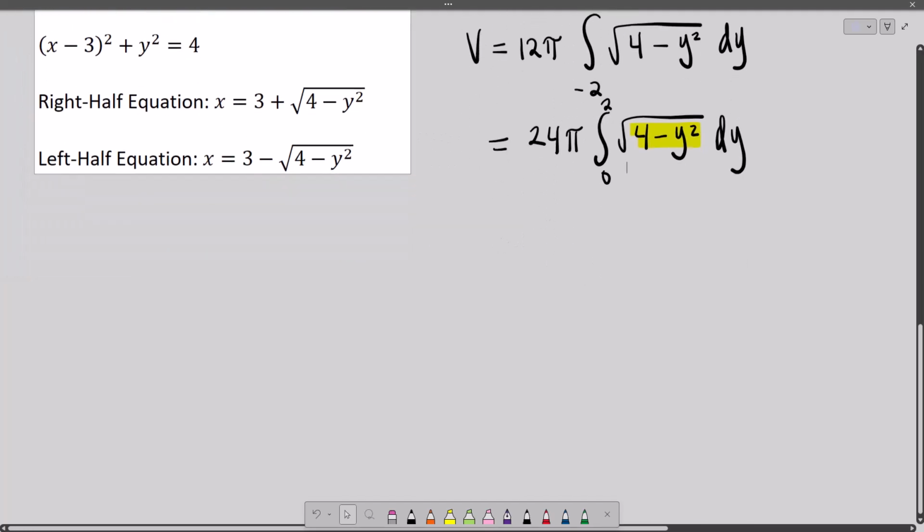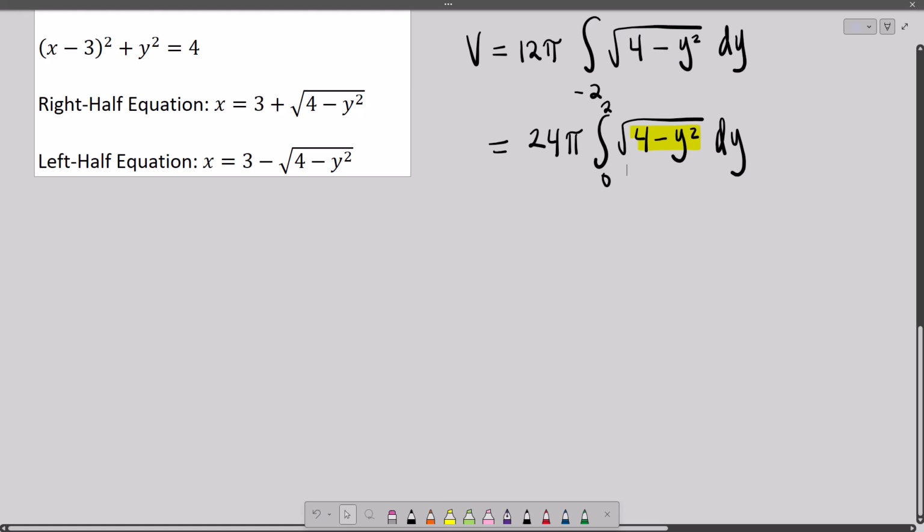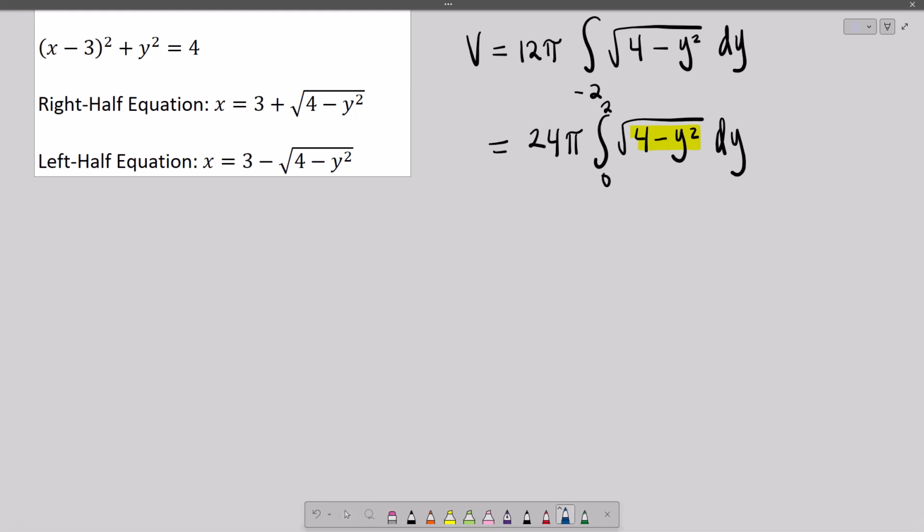So let's think about it. What is the geometry of this integral? So this is a function of y in here. So that function is x equals this. Right? That's that function. What is that? This is the right half of a circle of radius 2 centered at the origin.